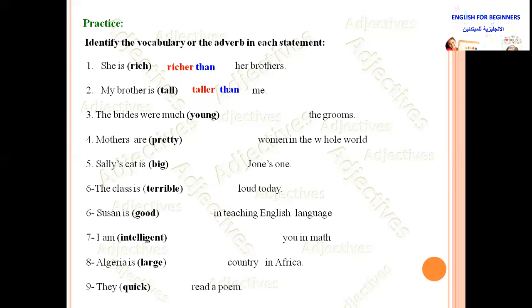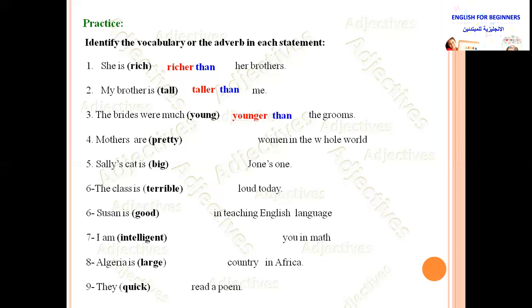The brides were much young the grooms. Here I am comparing between the brides and the grooms. Here it's a plural form, brides and grooms. So the brides were much younger than the grooms.